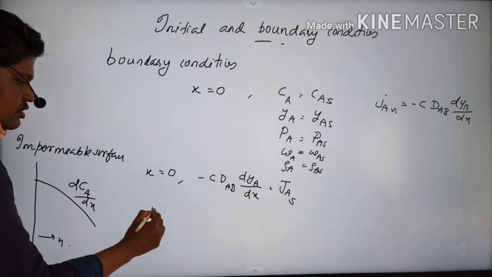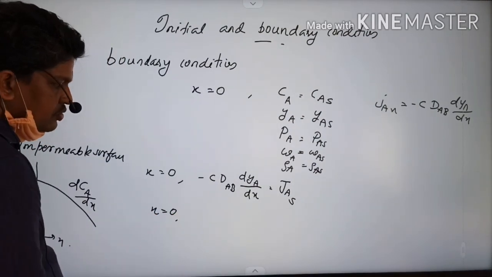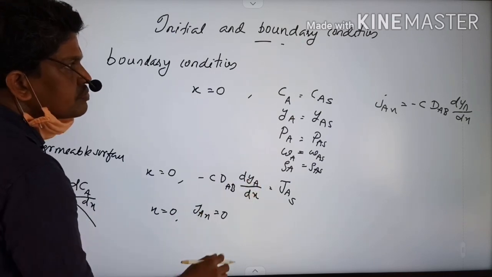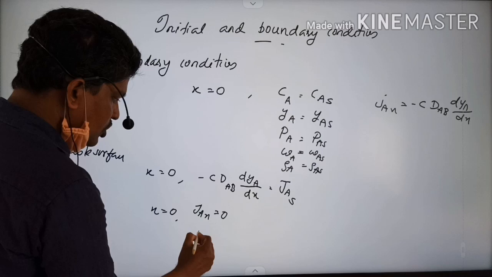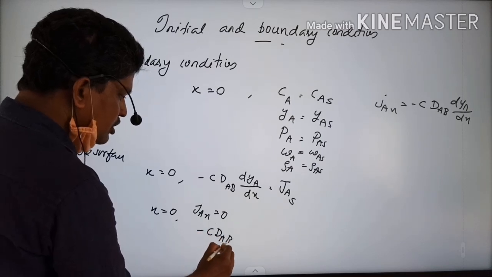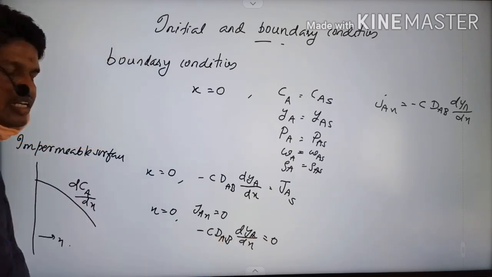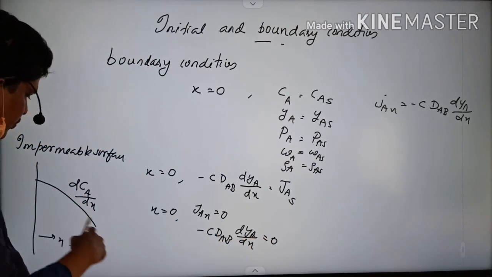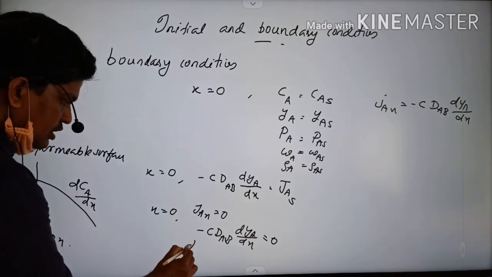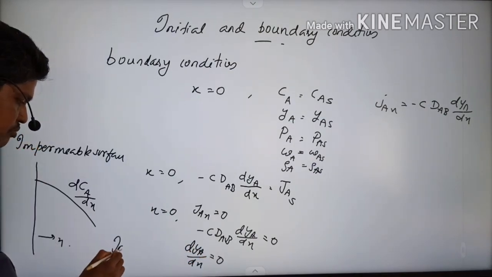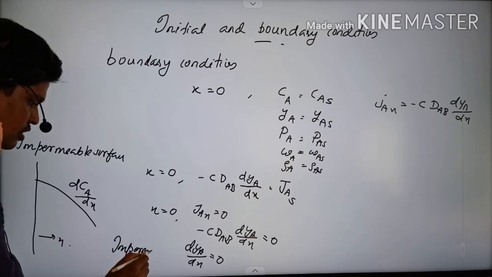Say at x is equal to 0, Jx is equal to 0, or minus c DAB into dyA by dx is equal to 0. But c and DAB cannot be 0. So for an impermeable surface, dyA by dx is equal to 0.